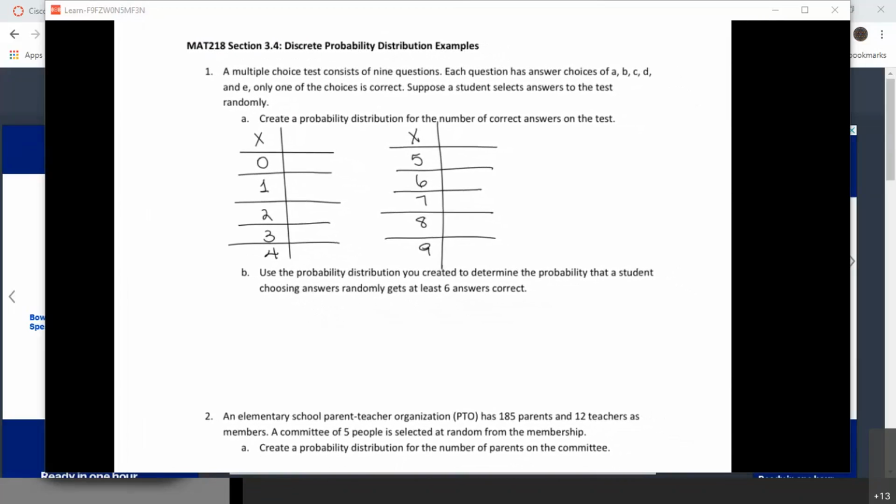Good way to check is, can you figure out what N and P are? Well, think of it this way. You're doing the same experiment 9 times, right? You're guessing the answer to a question randomly, okay?